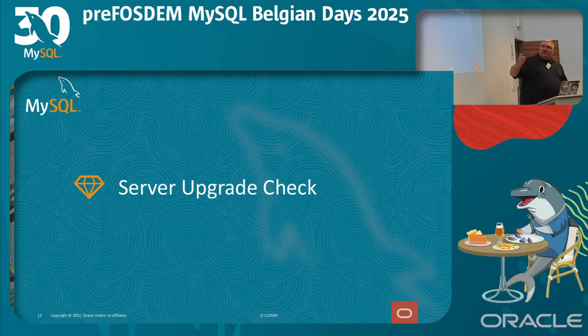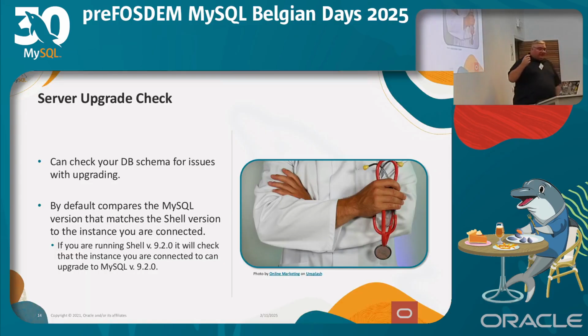So the next thing is server upgrade check. I think this is actually a neat feature too. It allows you to check and see if the instance that you're connected to can be upgraded to X version. So if you're running 9.1 and you want to know if your database is compatible with 9.2, you can run the server upgrade check.